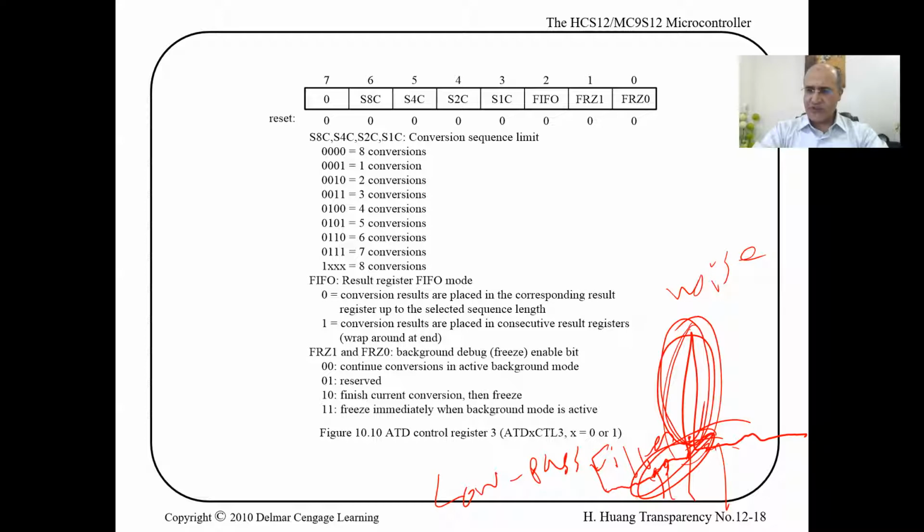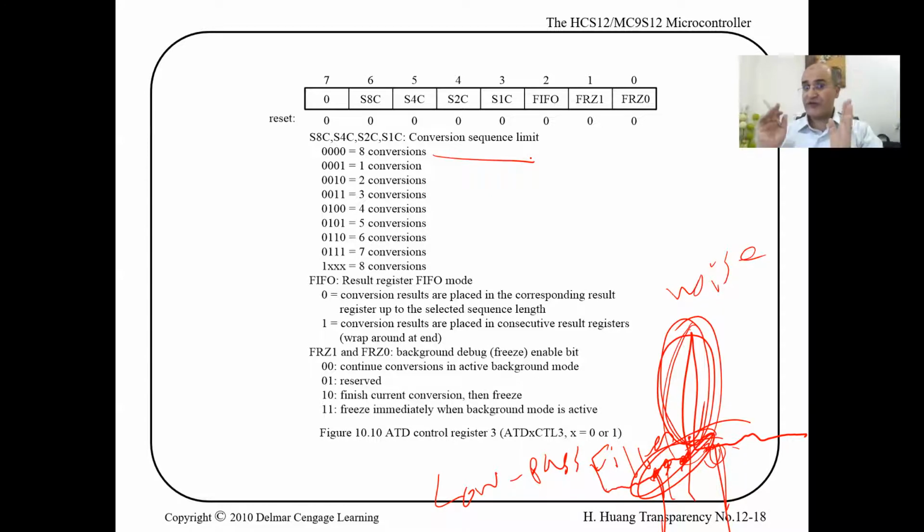Now, our HCS12, instead of going and reading the A to D multiple times, you can decide from the beginning that I want to take this reading 8 times. Do 8 conversions, read it 8 times.